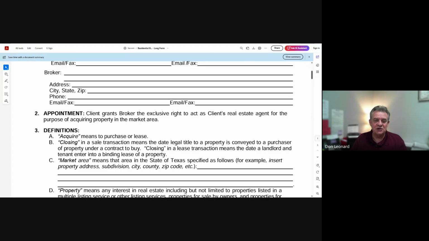The real estate commission has really started to crack down on that because they know that since the number of transactions has diminished over the last couple of years, there is a lot of tendency for an agent to try to make up for lost commissions by maybe pushing that envelope just a little bit further than they really should, taking on a type of transaction they probably shouldn't be taking on, doing it in a geographic location where they're really not competent, and just trying to get another transaction to make up for some lost income.